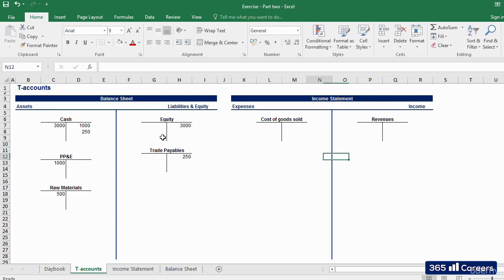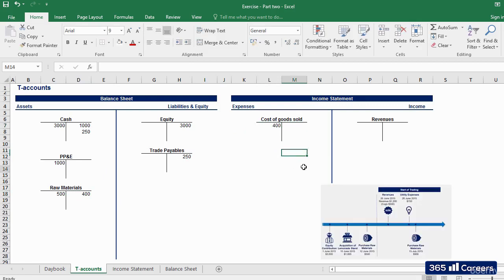Okay, let's type the 2 entries here as well. We are crediting raw materials in the balance sheet because raw materials are decreasing. And then we are debiting the cost of goods sold account. That's perfect. Next, we need to account for the firm's revenues.